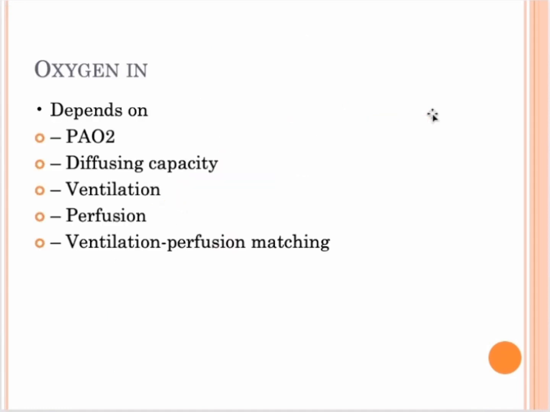Oxygen in is a very important part, and it depends on the partial pressure of oxygen in the alveolus, that is PAO2, capital A, then the diffusion capacity of the alveolar membrane, then ventilation and perfusion matching. So oxygenation depends on these important factors: alveolar oxygen, diffusion capacity, and ventilation-perfusion matching.